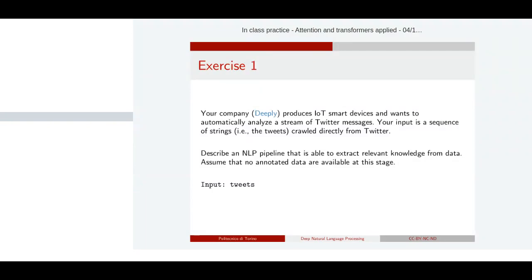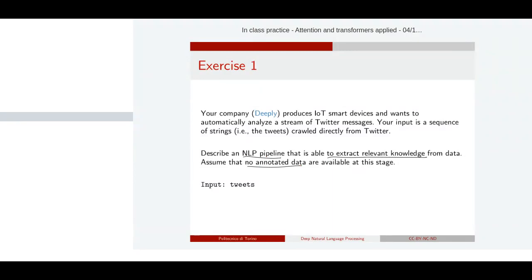So you imagine your company is called Deeply. It produces IoT smart devices and wants to automatically analyze a stream of Twitter messages. Your input is a sequence of strings, the tweets, and you need to define an NLP pipeline that is able to extract relevant knowledge from data, and you have no annotated data. How can you do this?